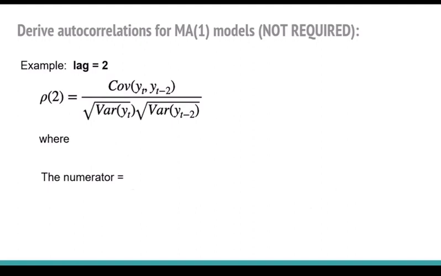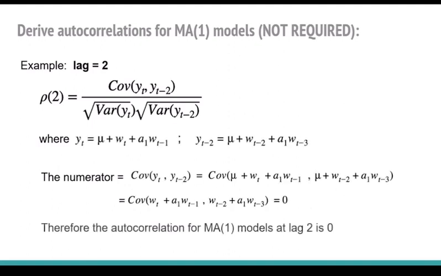If you want to do that at lag 2, of course, what are you actually expecting? If I'm talking about MA of order 1, and I want to figure out the autocorrelation at lag 2, what you're expecting is that it should be 0. I told you before that for MA of order 1, the only thing you can find is the autocorrelation at lag one.